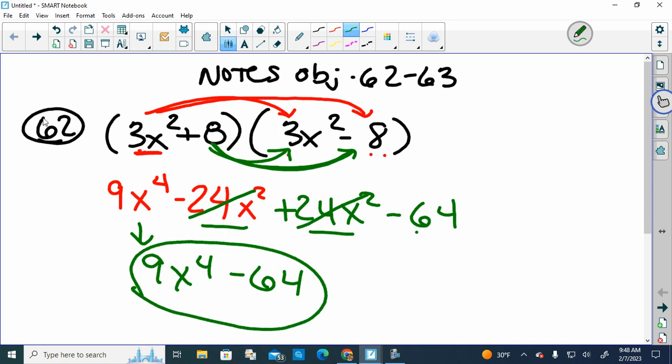And what they call this, when we move on to actual factoring, because we're going to go backwards after this section, is a perfect square binomial. It means that this number is a perfect square, this number is a perfect square, and the sign in the middle has to be a negative. So when we go back to factoring and breaking things apart, the square root of 9 is 3, right?